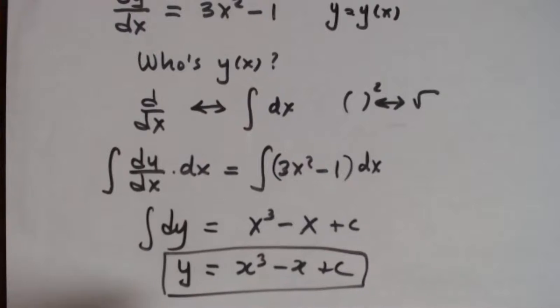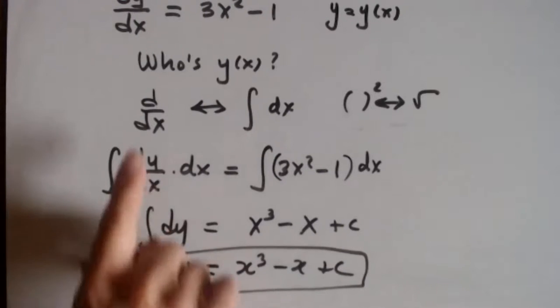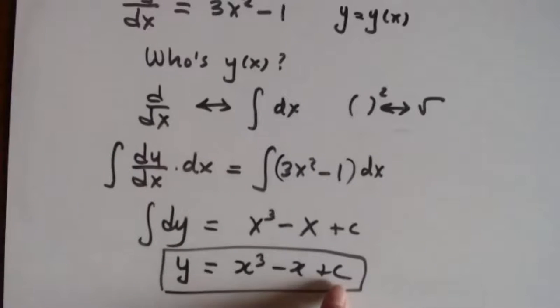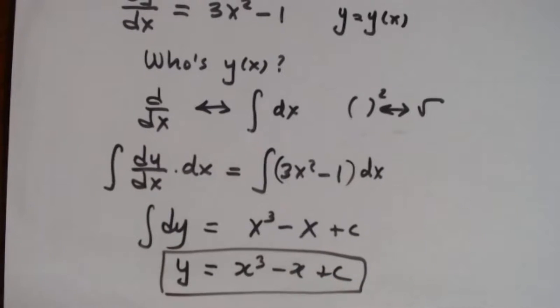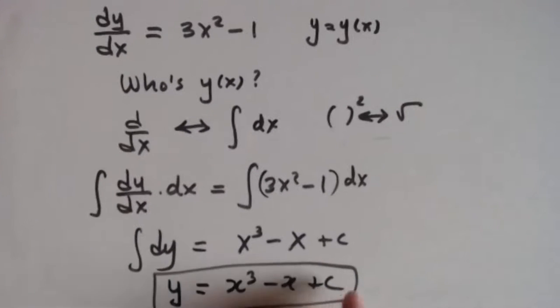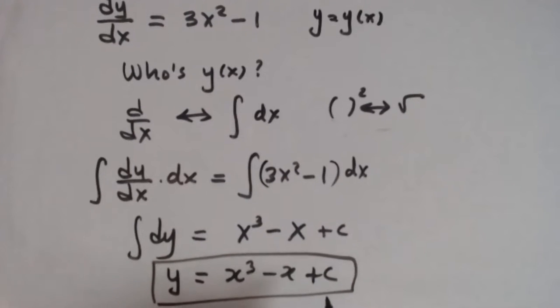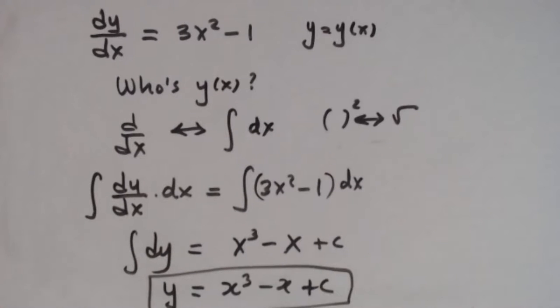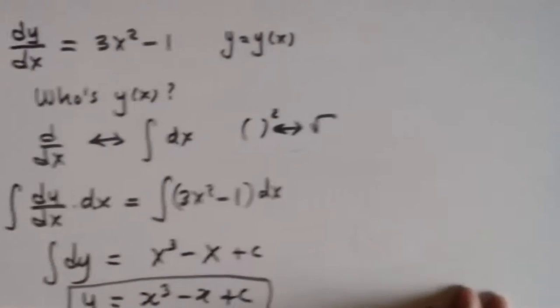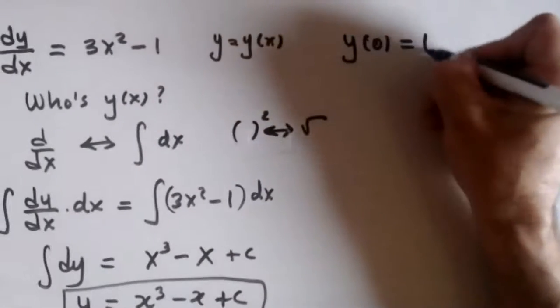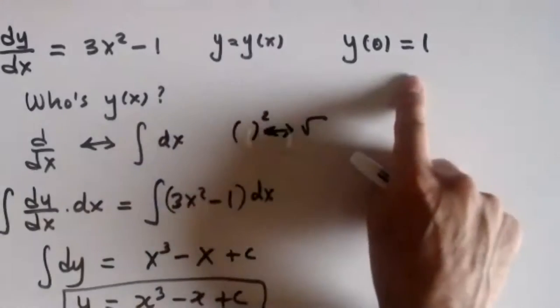So this is the solution of this equation, right? Of course, because you have here a constant, you have many solutions, correct? So you have to specify where your function passes through, or you have to specify a point. So let me just suppose that you know that y of 0 is 1. So this is a condition.